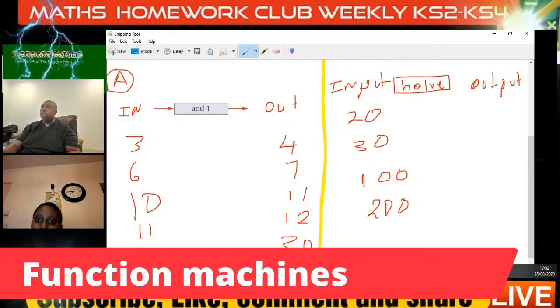Right. Now the output here is 30. So what number add 1 equals to 30? What number add 1 equals to 30?